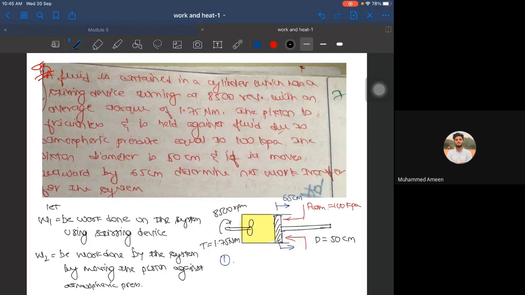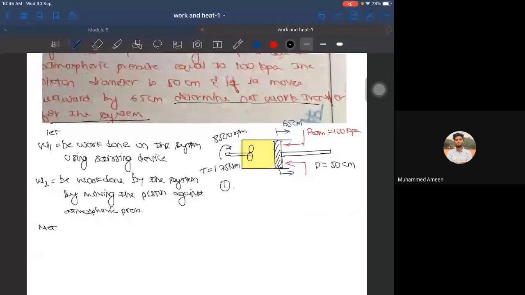What is the question? Determine the net work done for the system. So, net work done by the system. Can I write it simply as W1 plus W2?